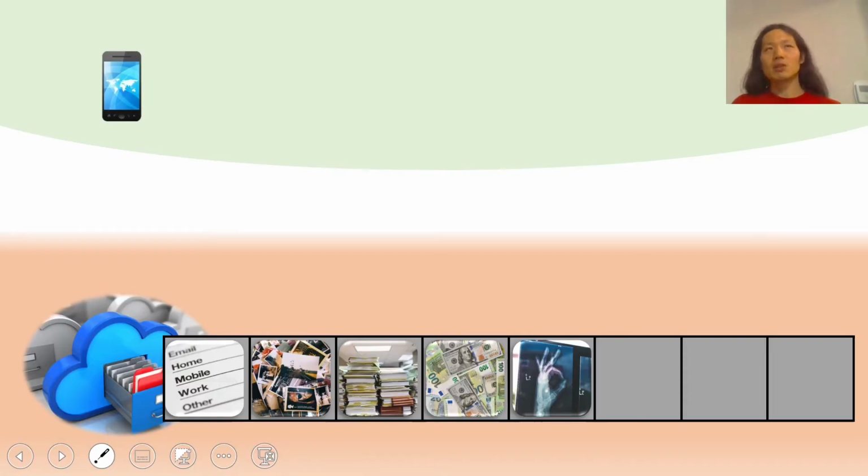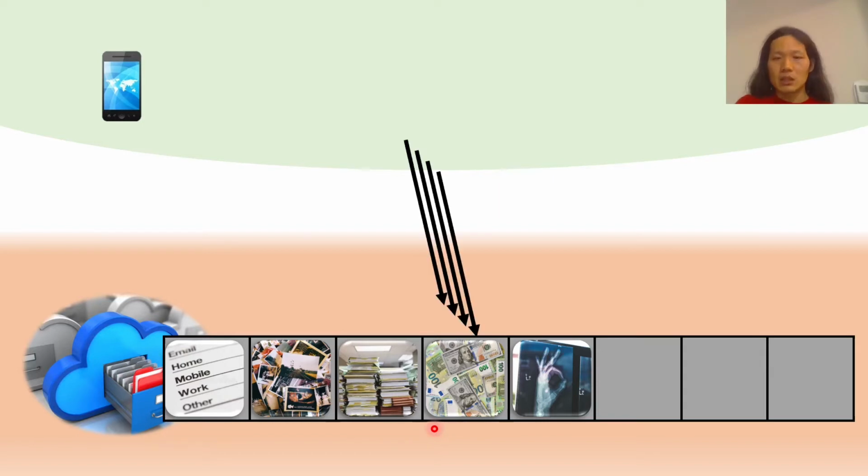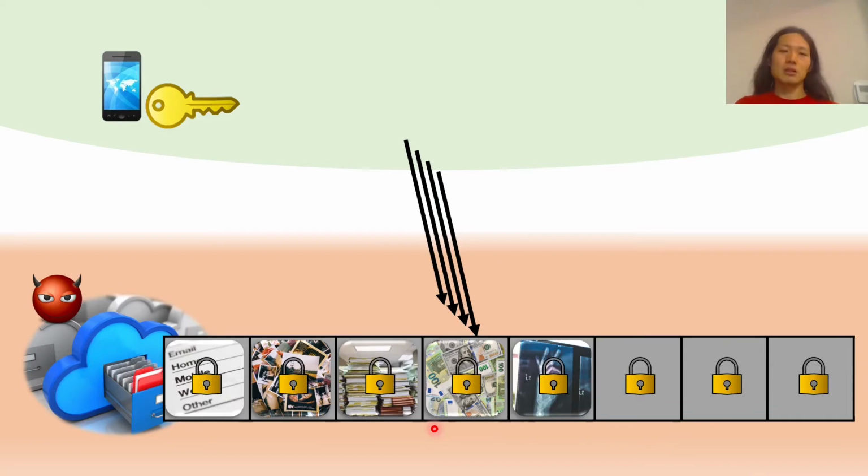In the problem of oblivious RAM, we consider the scenario of outsourcing storage. We have a client, a mobile device with limited storage, so it outsources a huge amount of data to the cloud server. The data is accessed piece by piece between the client and the server, but the cloud storage can be compromised or corrupted by an adversary, so the client encrypts all the data pieces and keeps the secret key on the client side.